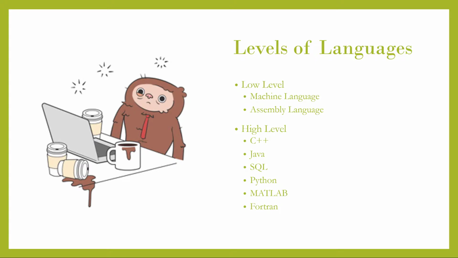Some examples are C++, Java, SQL, Python, MATLAB, Fortran. There's a lot of them. But usually, the high-level languages translate their code into assembly or machine language to be used by the computer.